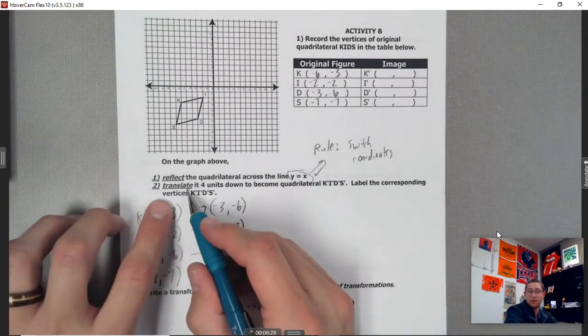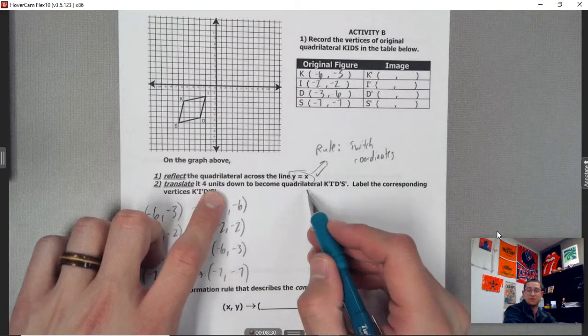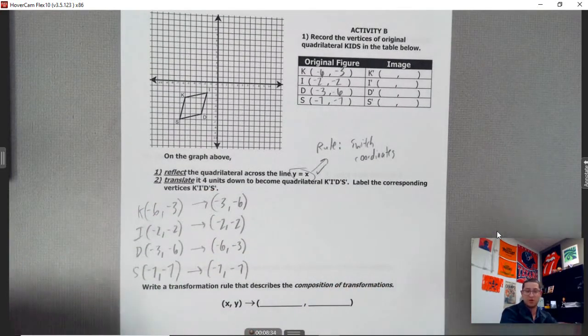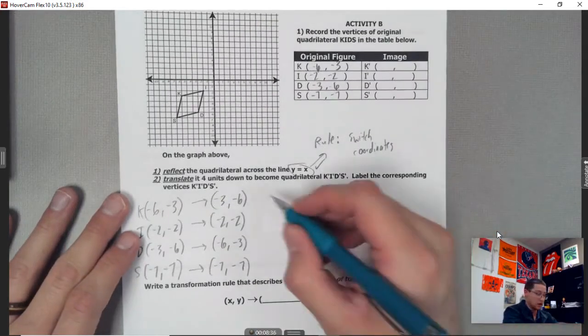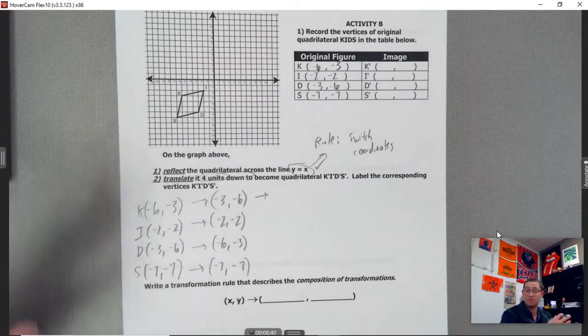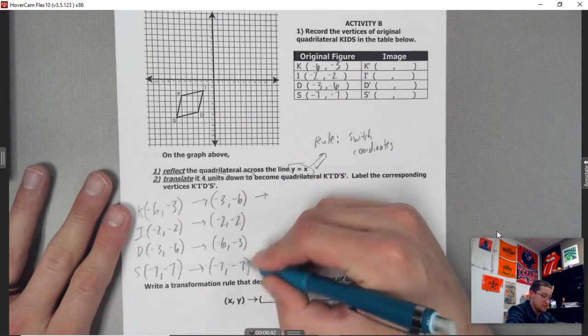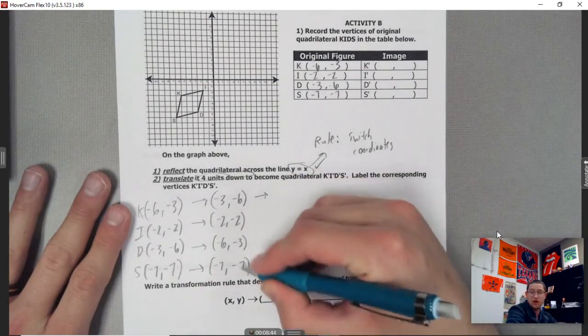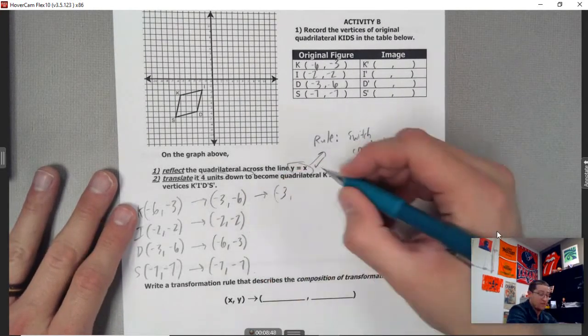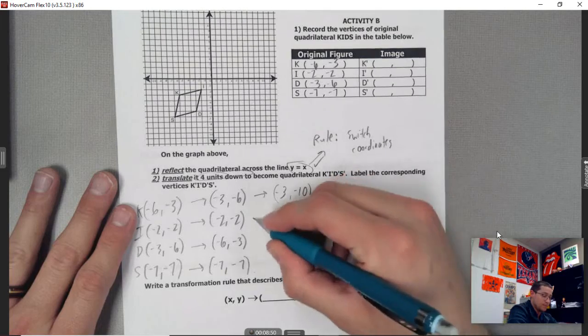Now we're just going to do the second part, which says to translate it 4 units down to become the quadrilateral K prime, I prime, D prime, S prime. So on this last part, 4 units down, that's going to be subtracting from my y. So I'm just going to be subtracting 4 to each. So I'm going to have negative 3, negative 6 minus 4, that's going to give us negative 10.